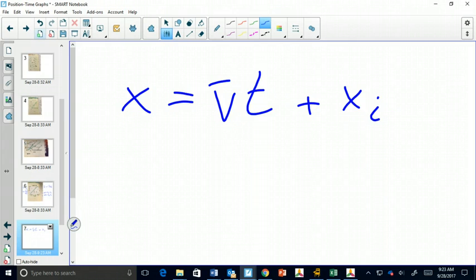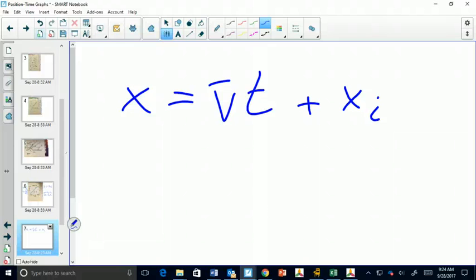So if I'm racing Matthew and I gave him a 10-meter head start, and I want to know how far he traveled over the 10 minutes we're racing at a certain velocity, you have to add your head start here. If it would just be 0, that's fine. You would just ignore it. Because often our xi is 0. Often.